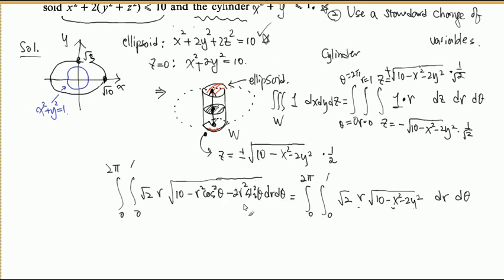But this is not 1 in here. If these coefficients are the same, then this is going to be simply negative r squared. Then because there's r out there, we could do a change of variables. But if it's like that, it's a lot harder integral. I don't even know how to do that at this point.